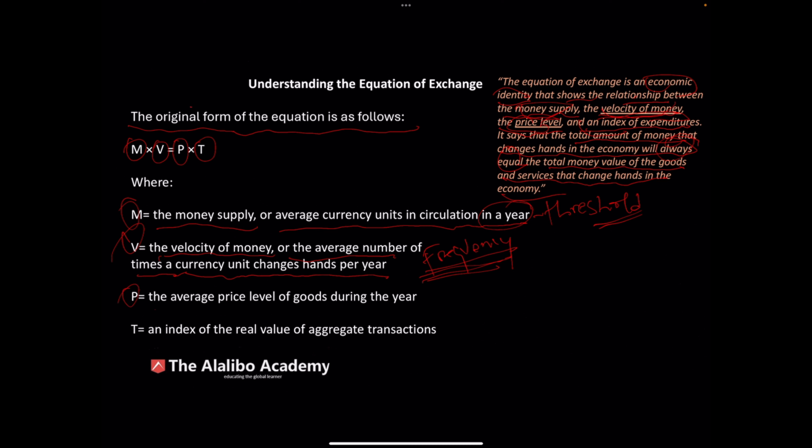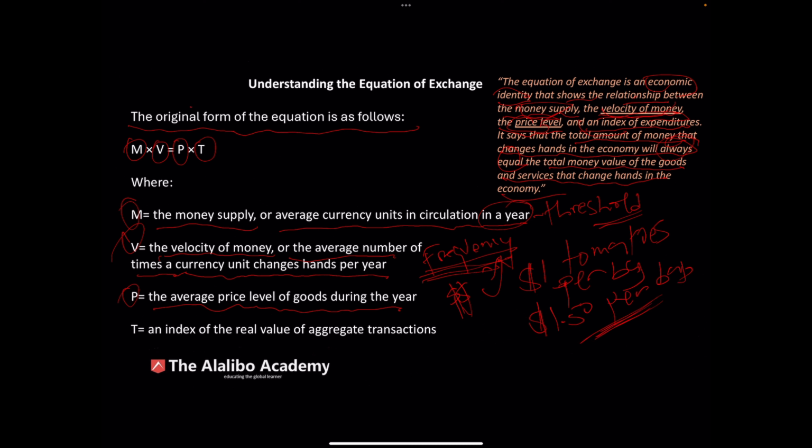And then the P, the average price level of goods during the year, right? So we want to understand the price level of goods. Why is this important? Because it determines the frequency, right? So if we have tomatoes at $1 per bag, and now it becomes $1.50 per bag, well, the frequency will be reduced because now it's expensive, right?